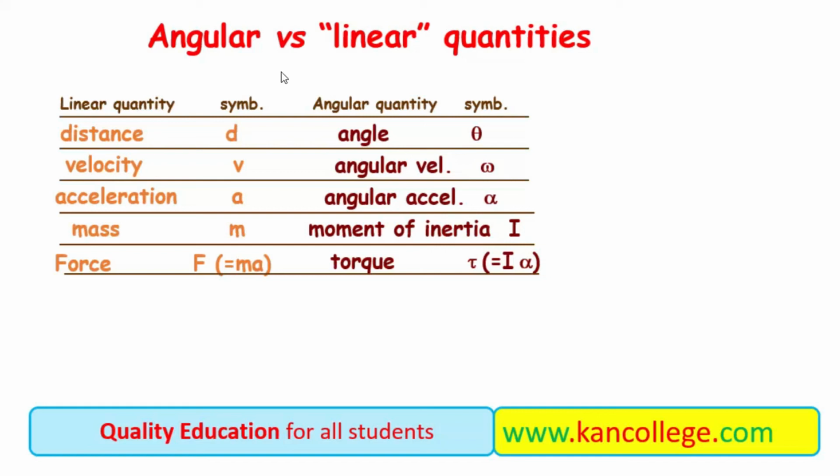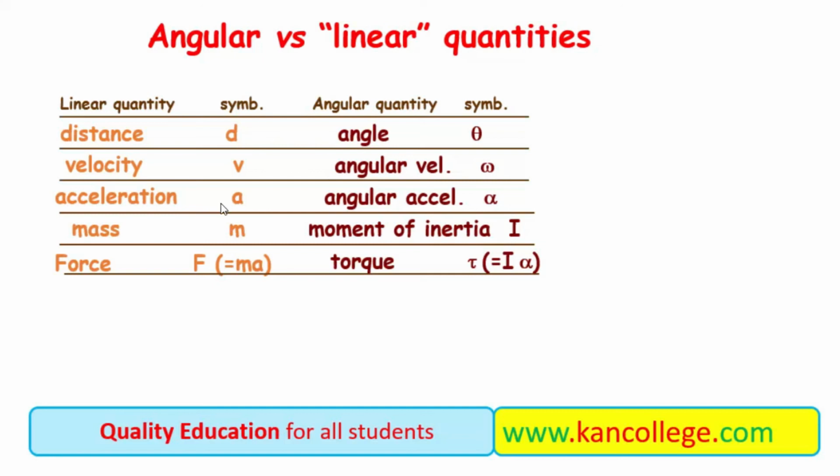Angular quantities versus linear quantities. In linear motion, distance is represented by small d, but in angular quantity, distance or displacement is represented by theta. Similarly, in linear motion, velocity is represented by v, but in angular movement, velocity is replaced by the angular velocity, not linear velocity, that is angle per unit time.